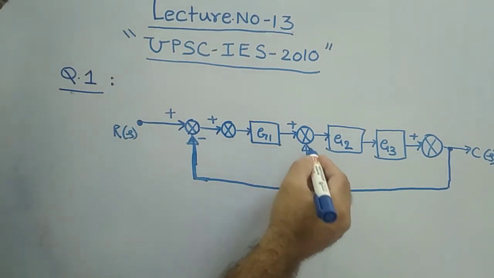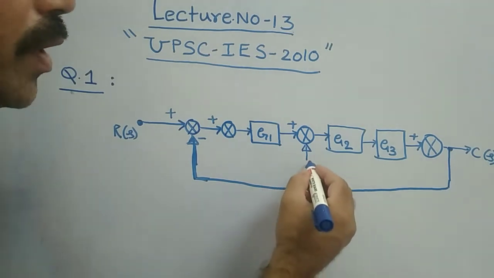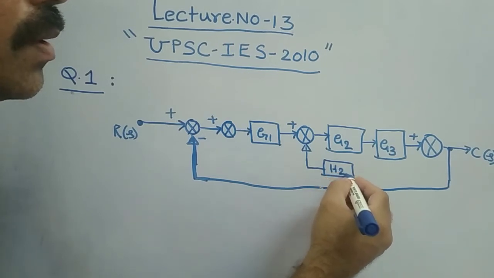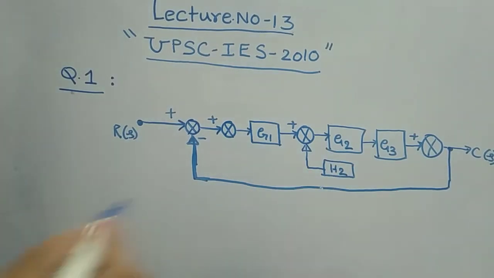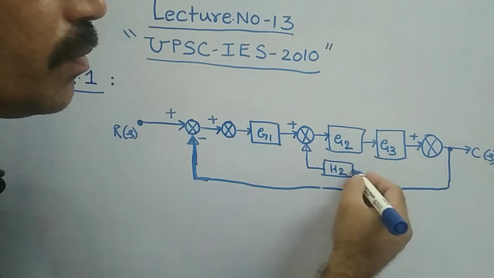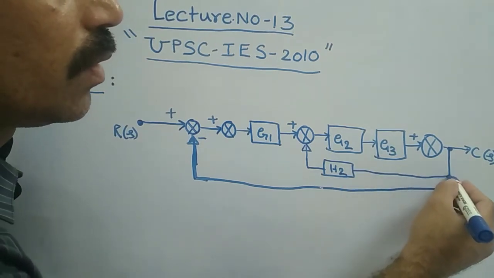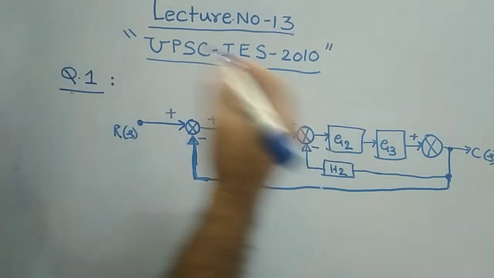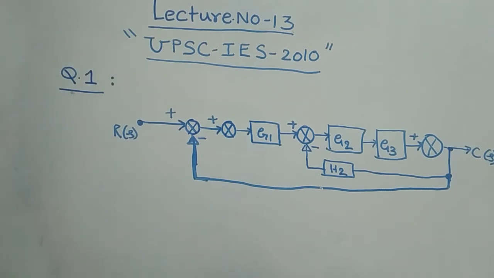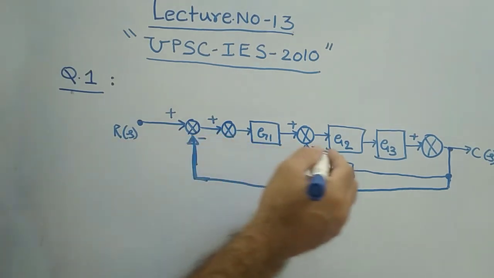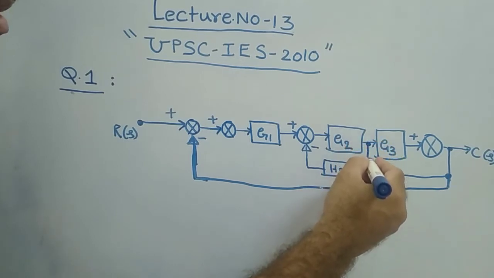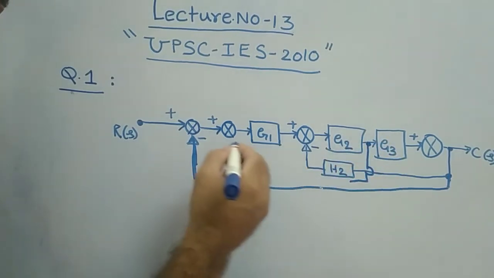Here you have the negative feedback with H2 given. From this point it is connected to here. It is given like this in the question. It is H2 going to the negative feedback, and then after G2 to the next summer. After G2 there is a point here, like this. You can draw like this, you can bypass.